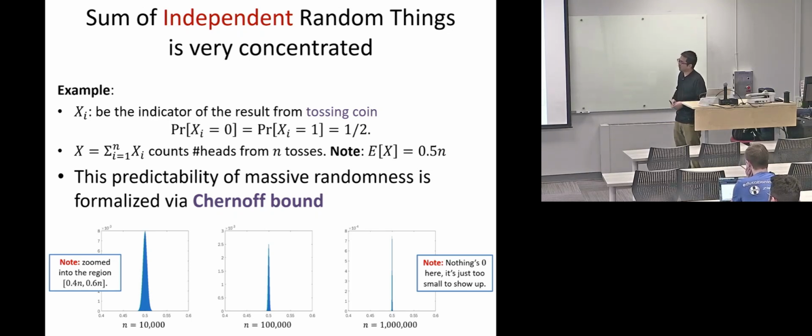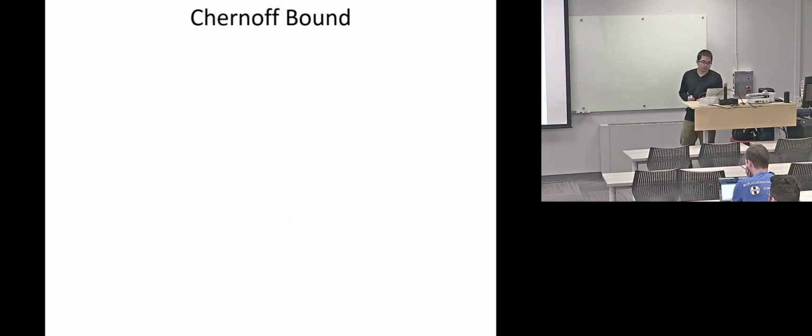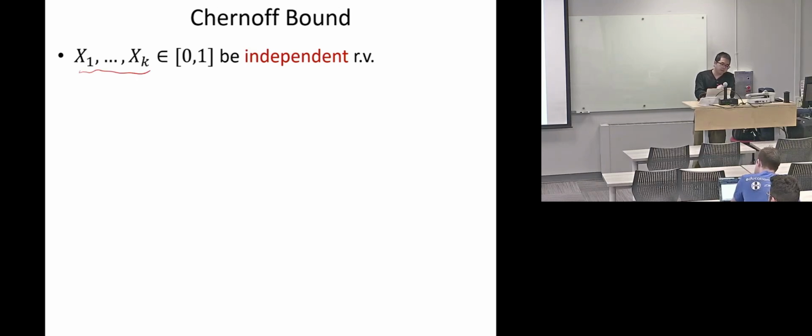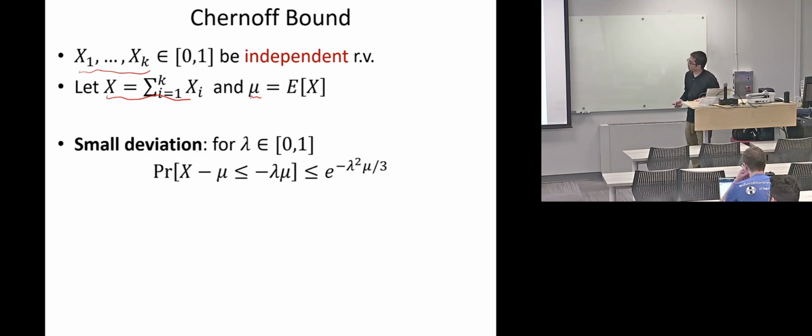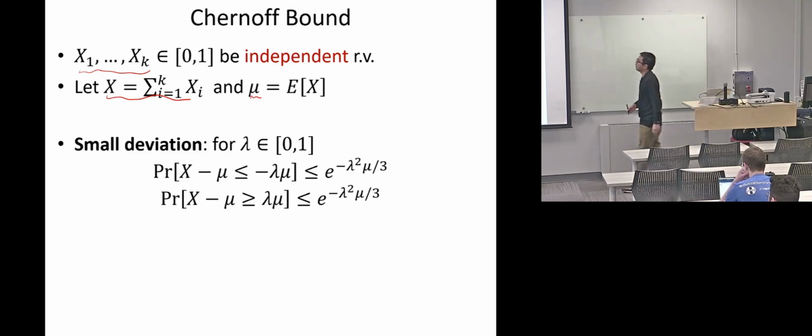And that's formalized by the Chernoff bound, which I'm gonna say next. Okay, so Chernoff bound says this: if you have a bunch of independent random variables from 0 to 1, and look at their sum x, and let mu be the mean of x, then you have this.